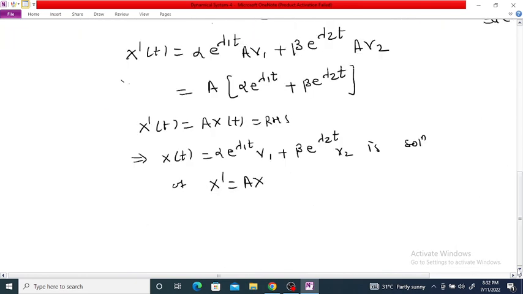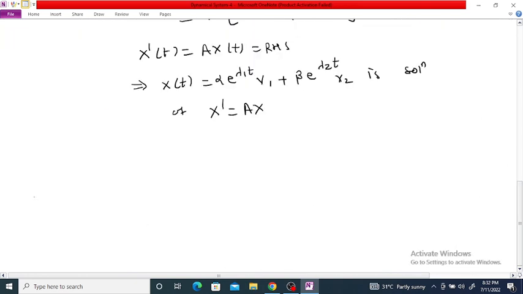Now in part 2 we are going to show that the general solution of the system can be written in this form. Okay, part 2. So uniqueness we are going to show here, that is, every solution of this system can be written in this form.